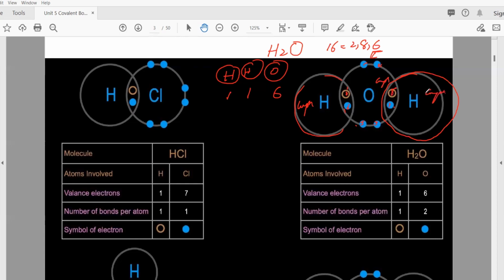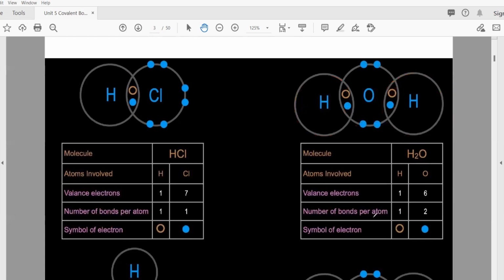This hydrogen is also complete. So here you can see this is the H2O molecule in which how many hydrogen atoms are involved? One, but another hydrogen atom, so two hydrogen atoms together. But how many oxygen? One. So the formula is H2O. This is how the bonding is formed.